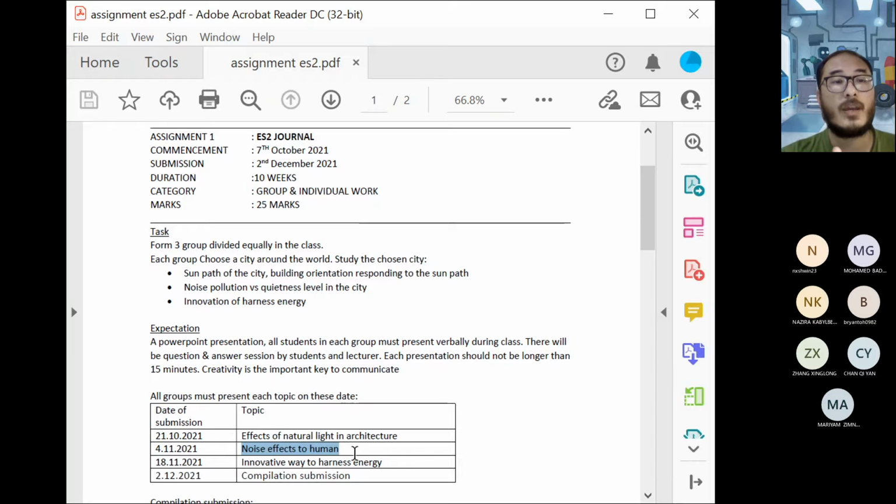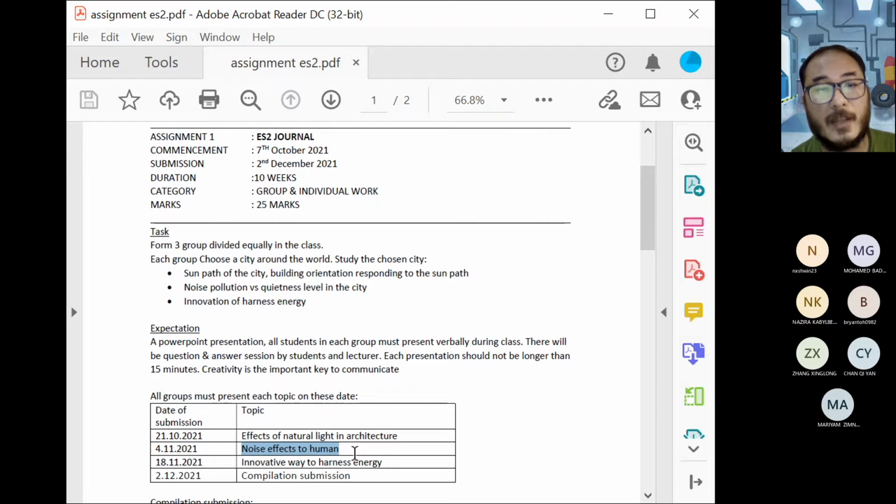And then don't forget, when it is about noise pollution, find the contributor. What is the contributor of this pollution?